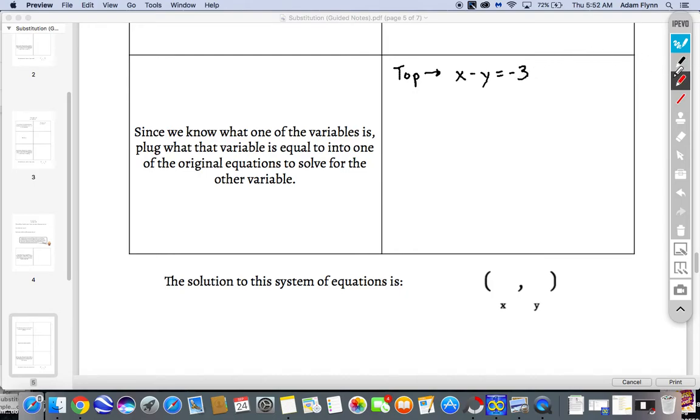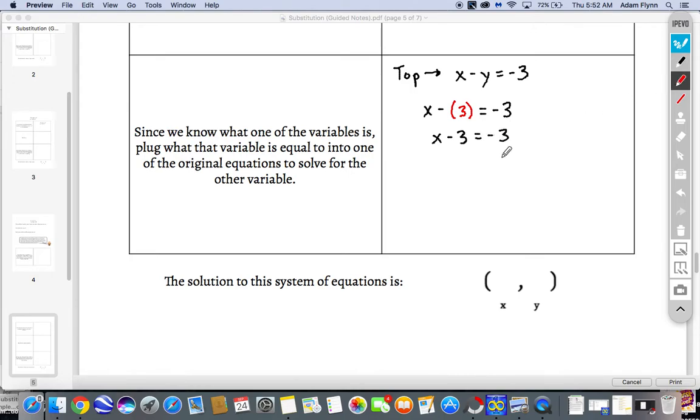And let's replace that y with 3, the value we just found. So I have x minus, instead of y I have 3, equals negative 3. Okay, so if I rewrite this without parentheses, x minus 3 equals negative 3.